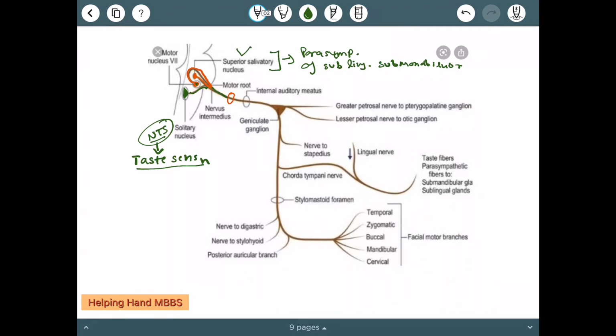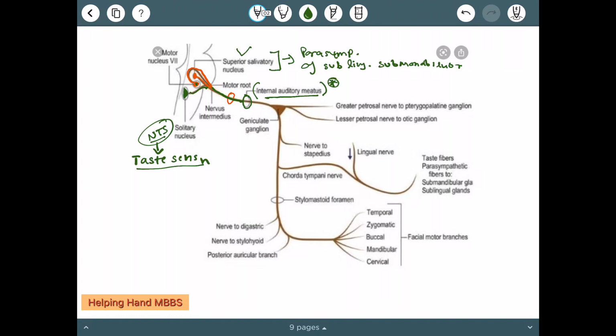So this is facial nerve. Facial nerve enters the skull and it enters one foramen called internal acoustic meatus, which is present on petrous temporal bone. We will see it clearly on the skull. So here you should know that it enters the internal acoustic meatus which will carry it posterior to the ear.